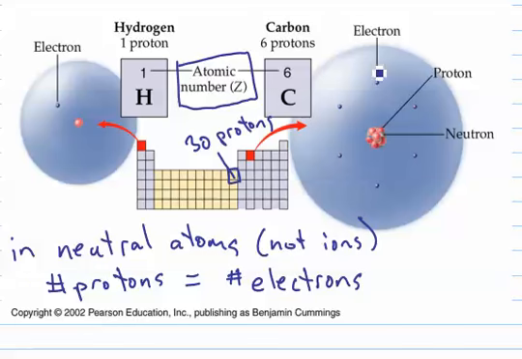We'll find that it is the structure and arrangement of those electrons within atoms that determines the chemical properties. So the atomic number gives us the number of protons, which in a neutral atom also gives us the number of electrons. We can also figure out the number of electrons present in ions, but we'll cover that at a later point. Okay, in our next short, we're going to talk about isotopes.